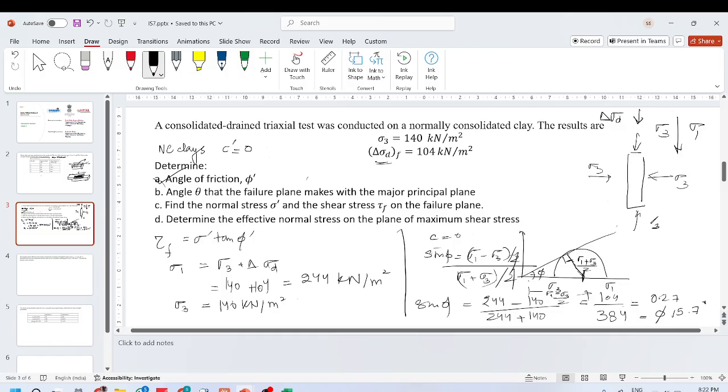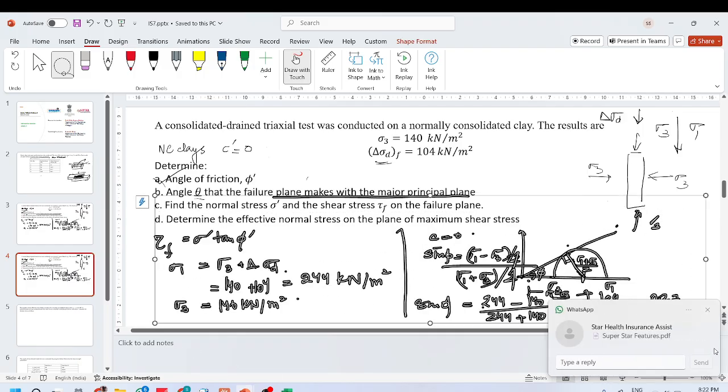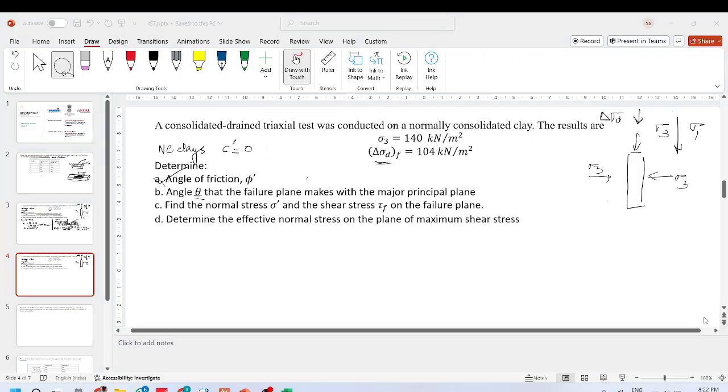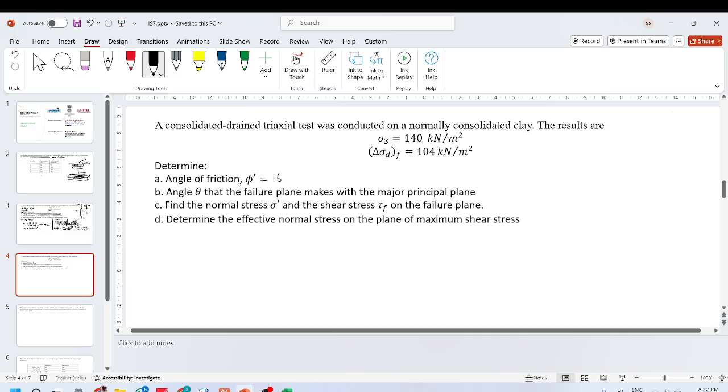Now we need to know the angle that the failure plane makes with the major principal plane. So this was about 15 degrees.